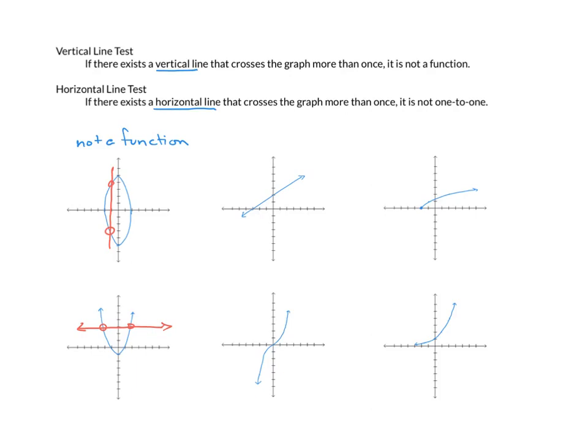So this one does pass the vertical line test, so it is a function, but it is not one-to-one. The rest of these examples, these are all functions, and they are one-to-one.